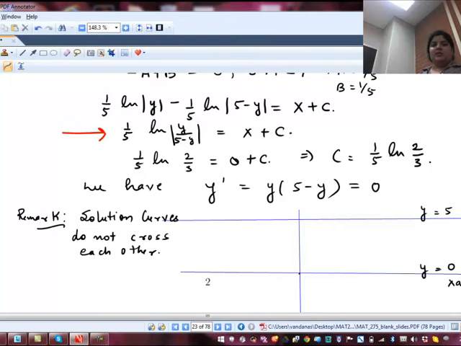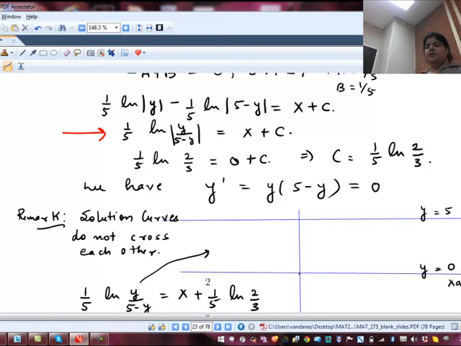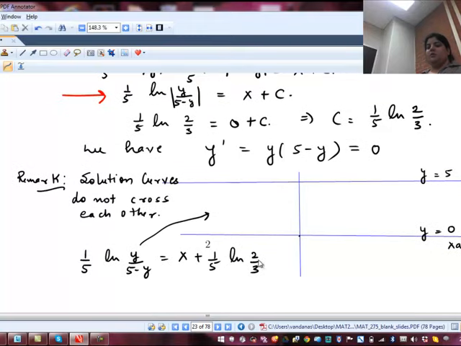Okay, so in this region we have 1 over 5 ln of y over 5 minus y equals x plus 1 over 5 ln of 2/3. Simplifying it a little bit more, 1 over 5 ln of y over 5 minus y, and I am subtracting this term here, so it will be flipped.